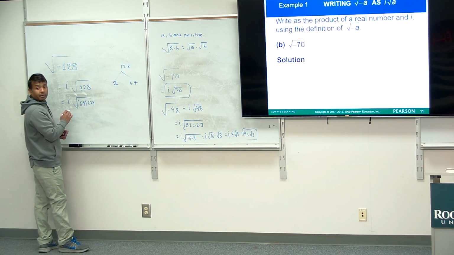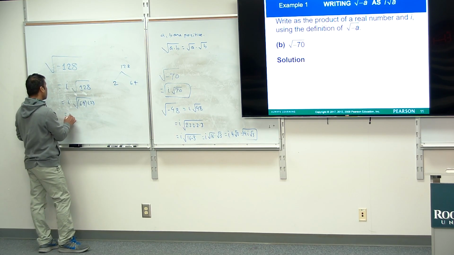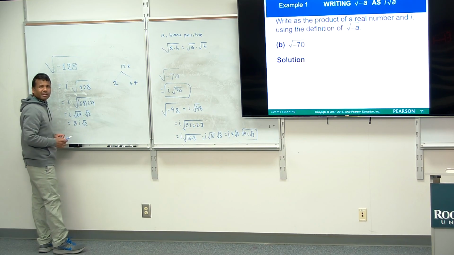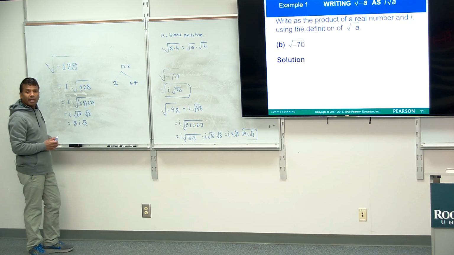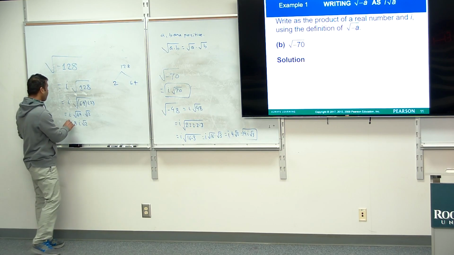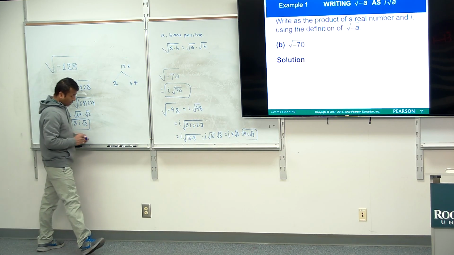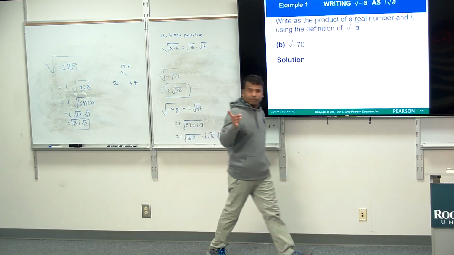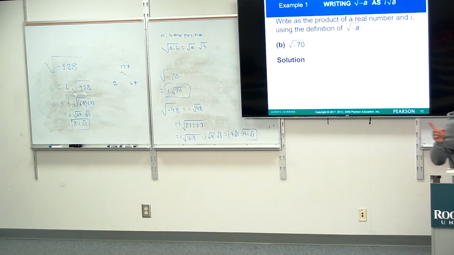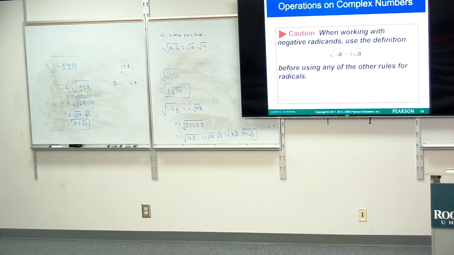Are you with me, guys? So this is i times radical 64 times radical 2, and radical 64 is 8, so it's 8i radical 2. Did you see that? Did I make sense so far? Good.